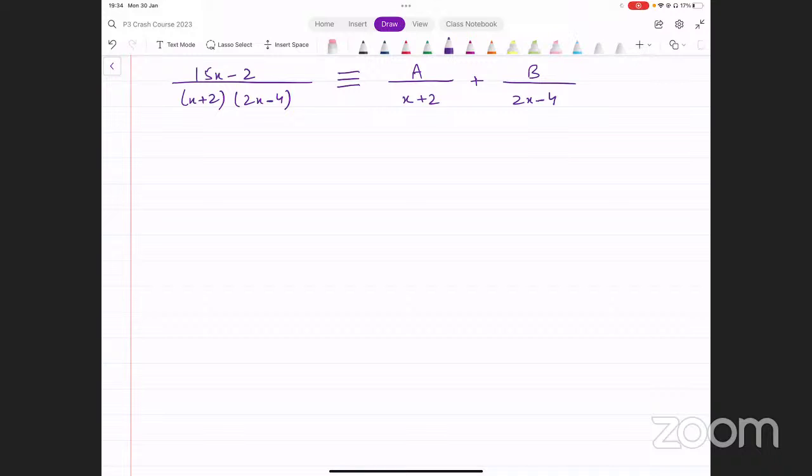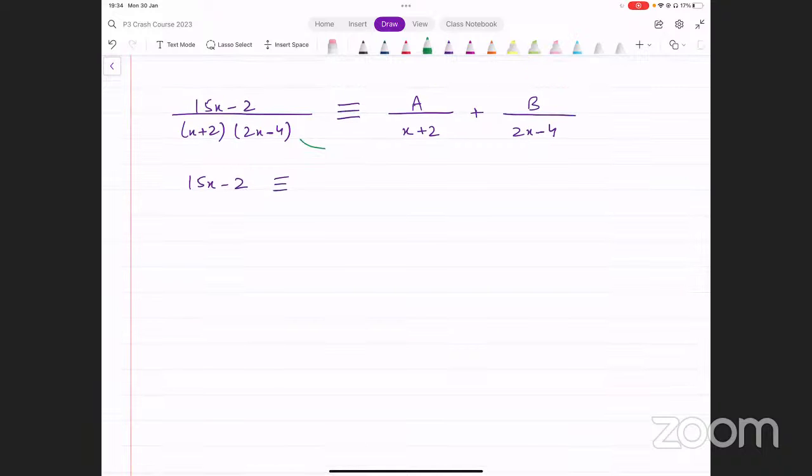We get 15x minus 2 here on the left side. But what about the right side? When this thing gets multiplied with the first fraction here, we have (x plus 2)(2x minus 4). The x plus 2 and x plus 2 get cancelled. What are we left with? We're left with A times (2x minus 4). Similarly, we multiply this denominator with the second fraction as well.